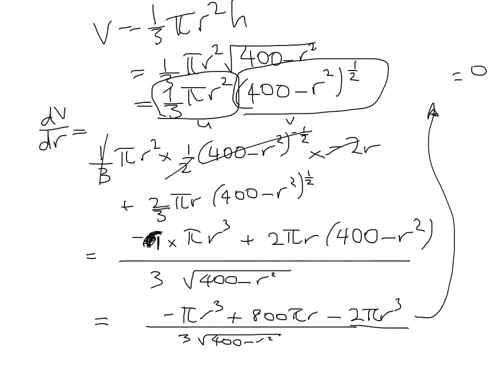Try getting another slide to come up. So we get negative 3 pi r cubed, just checking that, negative 3 pi r cubed.